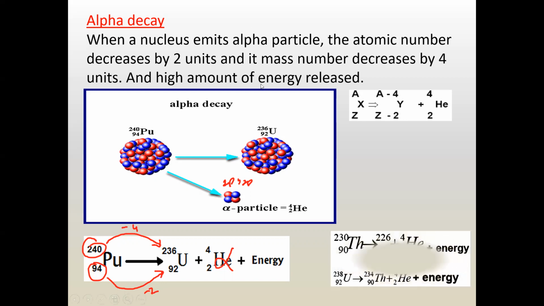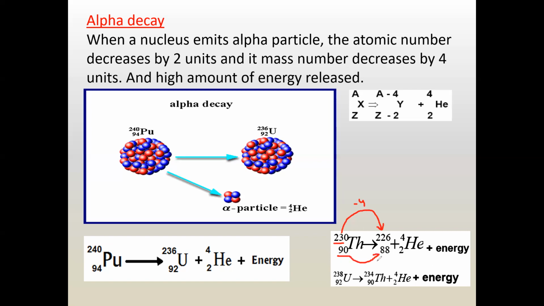Another example, as you can see here, an element which is 230 and 90. If it emits alpha, what will be the change in the mass? Because two protons and two neutrons are coming out, the mass will decrease by 4, and only two protons are lost, so the atomic number decreases by 2.